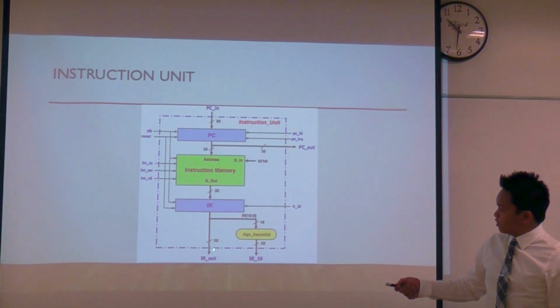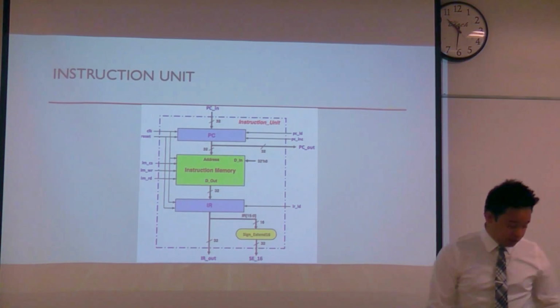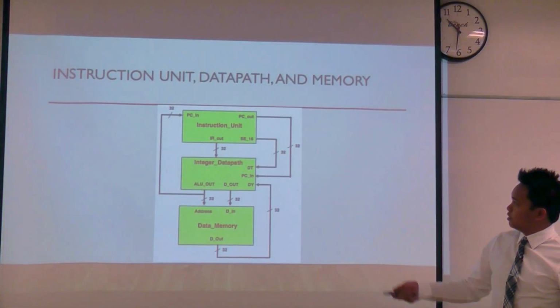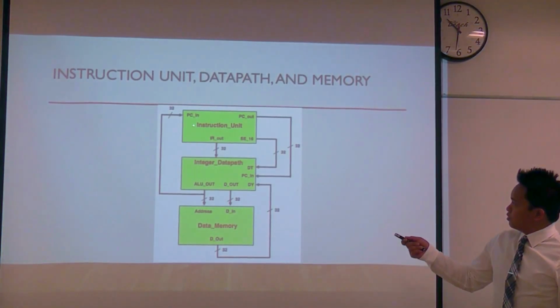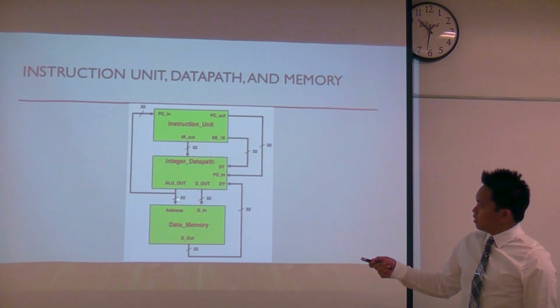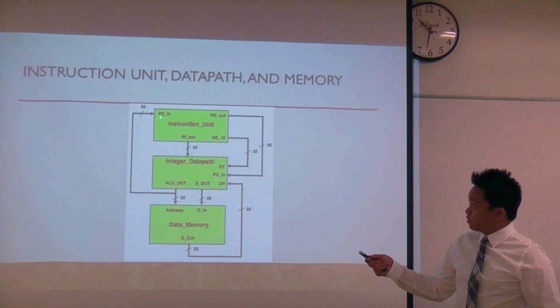We have our IR out and our sign extension coming out into the integer data path. So DT functions as the sign extended 16-bit immediate value. ALU out goes into PCN. This allows us to jump registers if we have to.